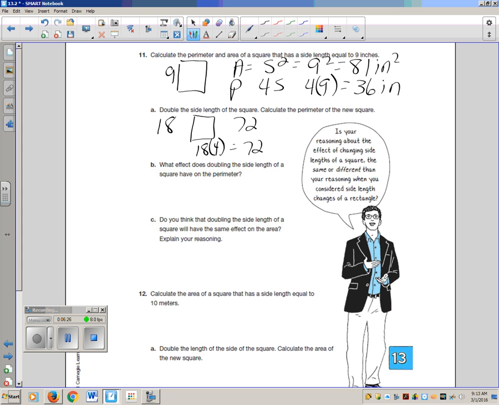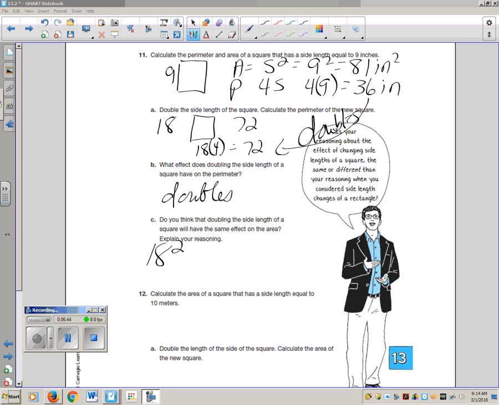What effect does it have? Similar. It doubles. Now, do you think doubling the side length of a square will have the same effect? It's 18 squared. So I have my square.